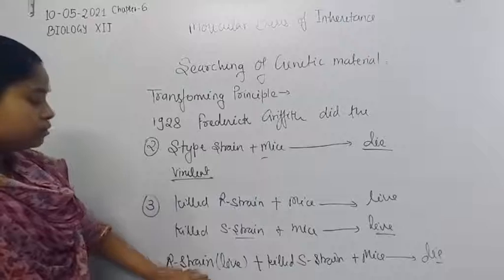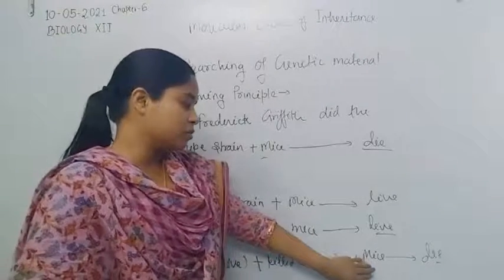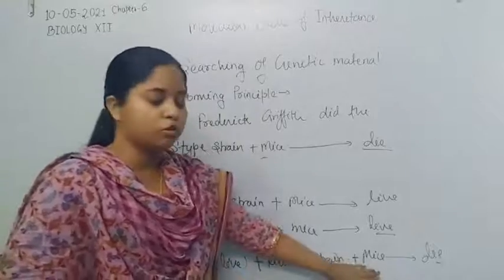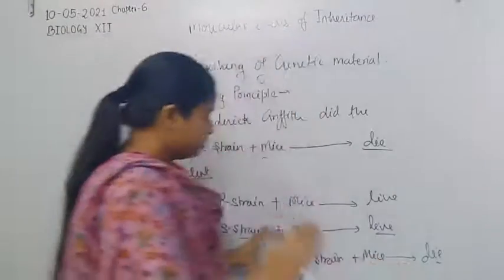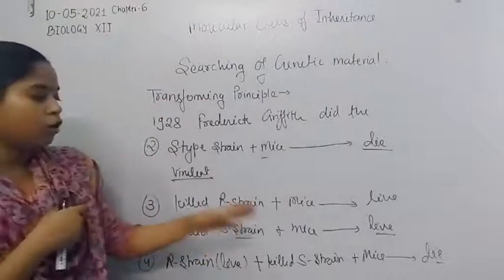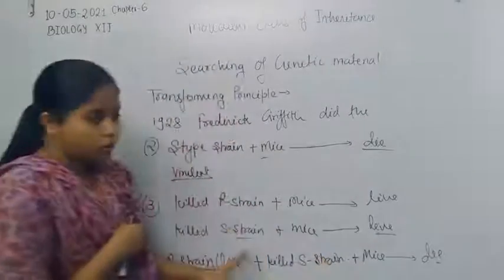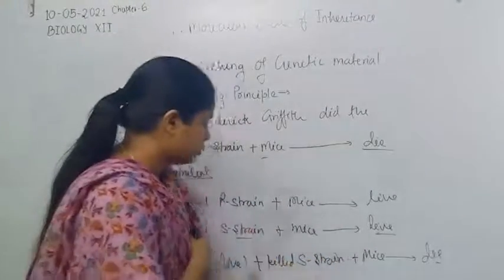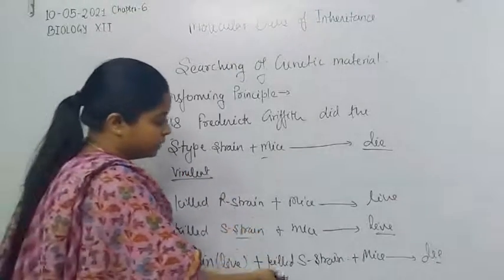So they are able to synthesize the mucopolysaccharide. That's why they cause pneumonia in the mice, and that's why the mice die. This is the reason behind the death of the mice, because the R strain has such material.